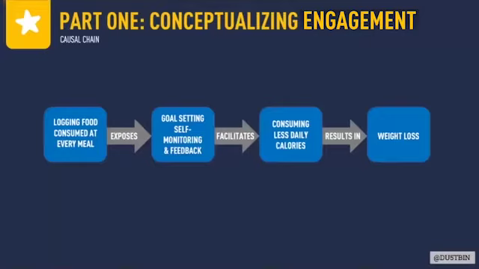We can imagine that having goal setting, to set a goal of 1,200 calories. We can monitor ourselves and see how we're doing with each juicy morsel that we shove in our faces, and we can get feedback that lets us know if we're aiming under that goal, so that we can do the things we need to do to consume fewer calories in a day, ultimately building up and hopefully leading to weight loss, at least in that chain.